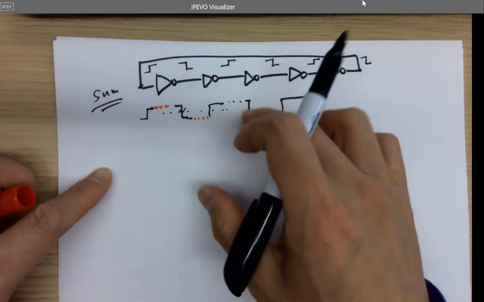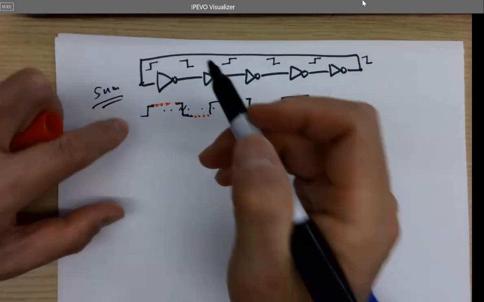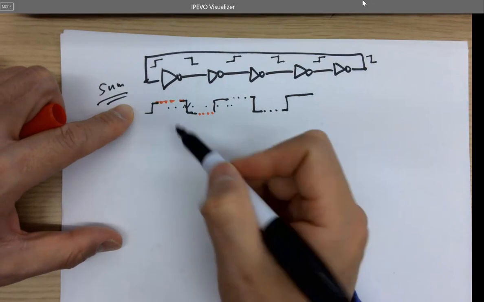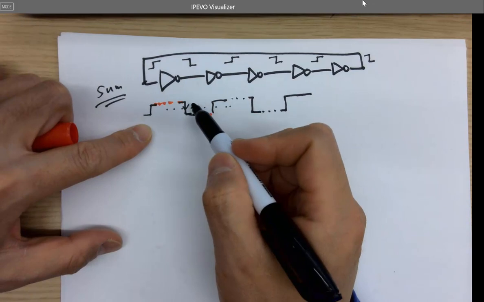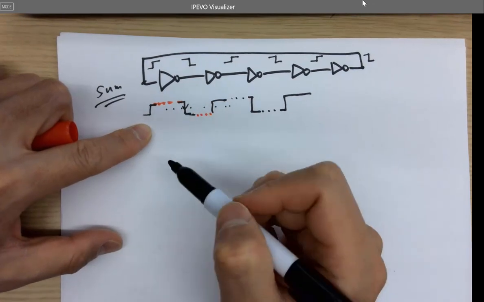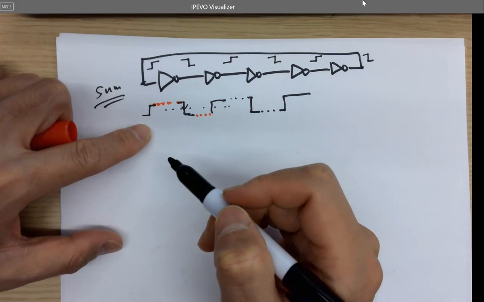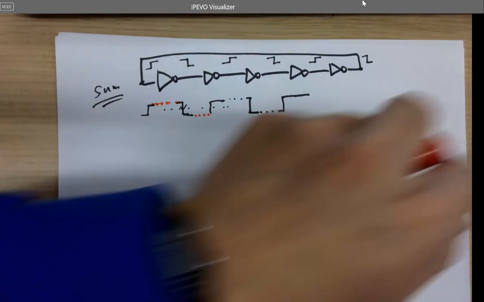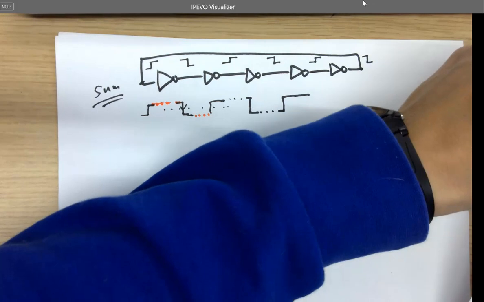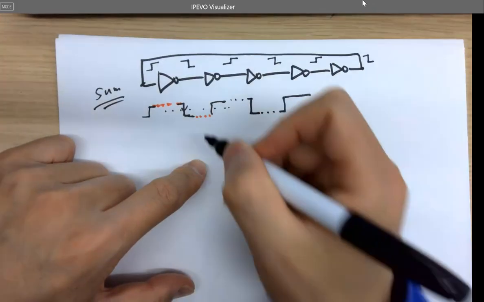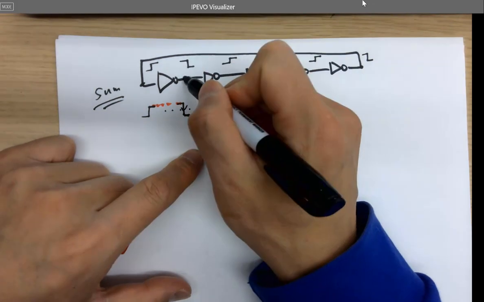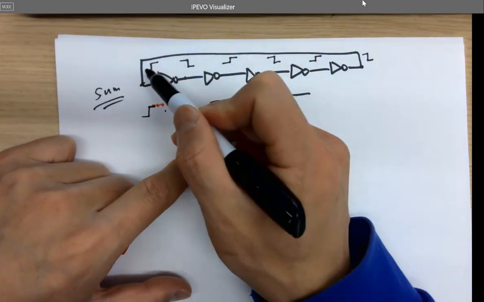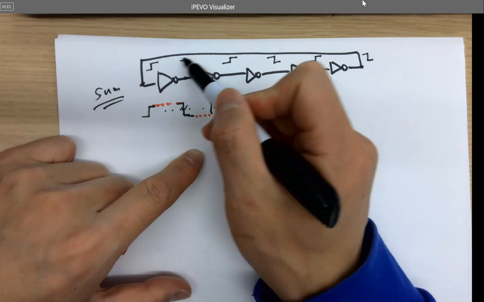So now let's look at how we calculate the clock frequency. If we are using this as a clock, we do need to know the frequency of it, right? So how do we calculate it? At this node, if you have an example of going from high to low, right?